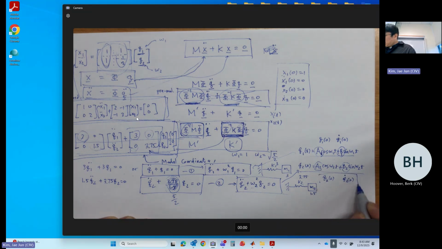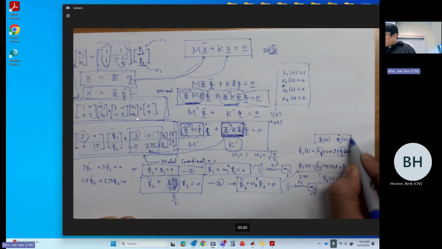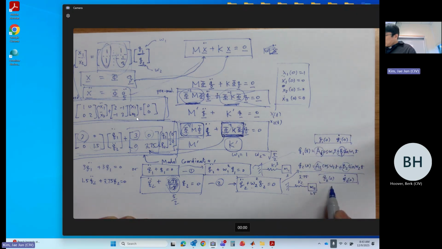So if we have initial conditions written in modal coordinates, then we can solve for q1 and q2.